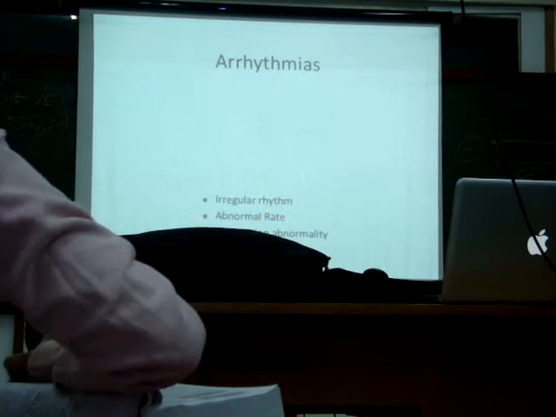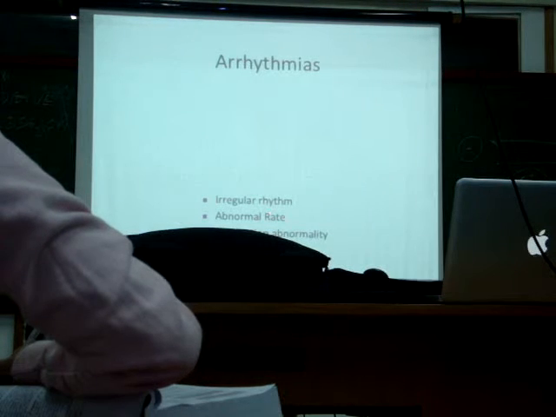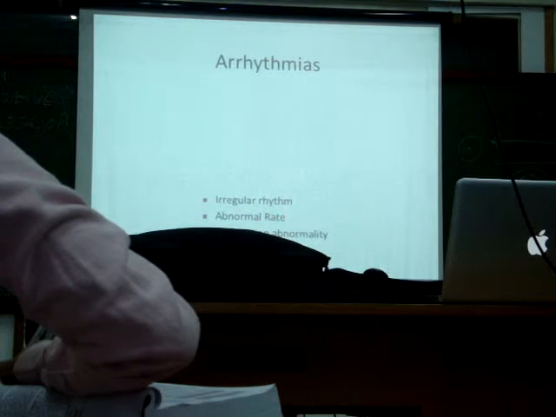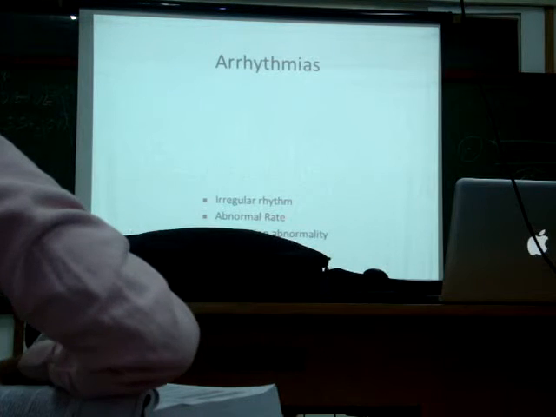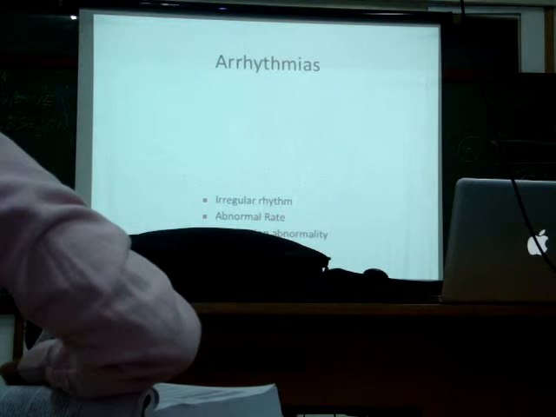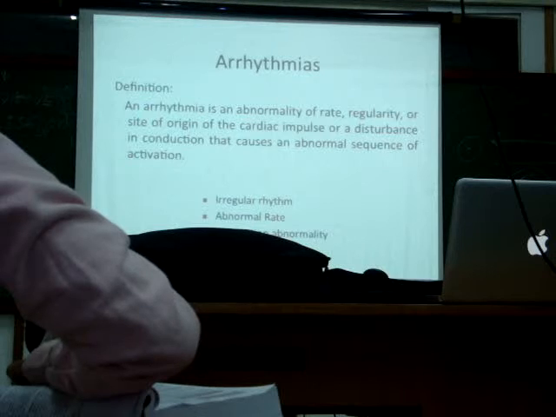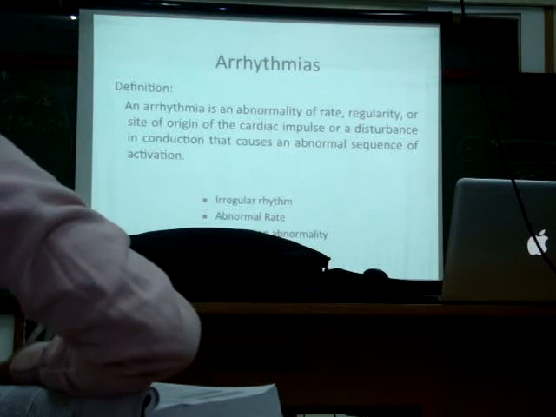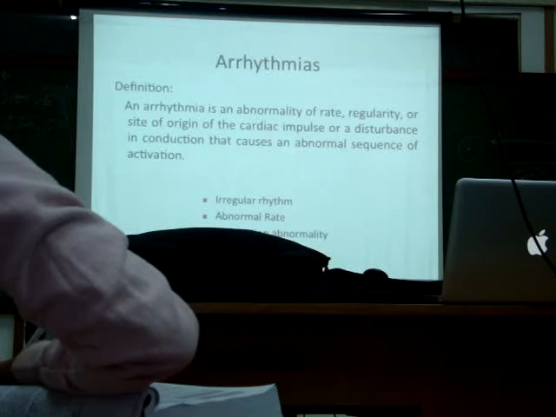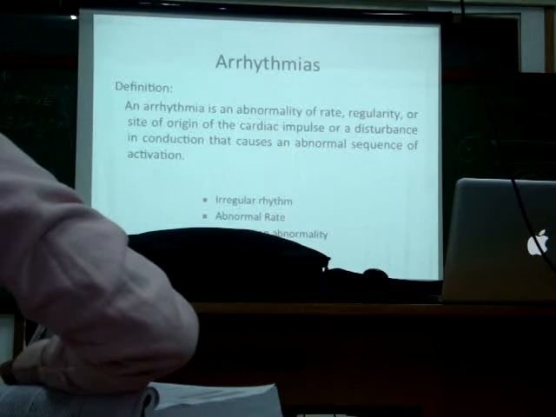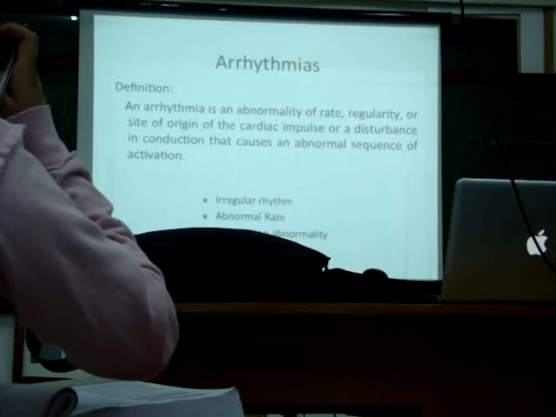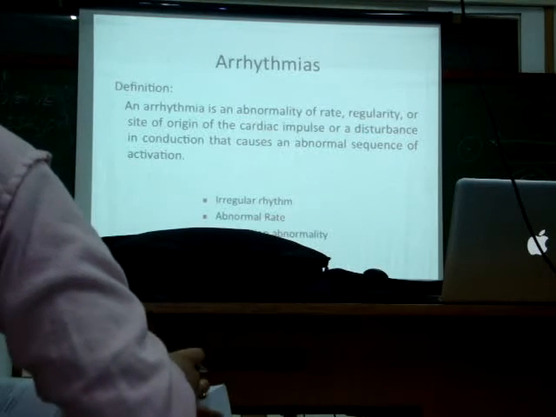So an arrhythmia, we could talk about an irregular rhythm, or you could have an abnormal rate, or you could have a conduction abnormality, or if you are unlucky, you could have all three. So a definition is an abnormality of rate, regularity, or the site of origin of cardiac impulse, or a disturbance in conduction that would cause an abnormal sequence of activation.